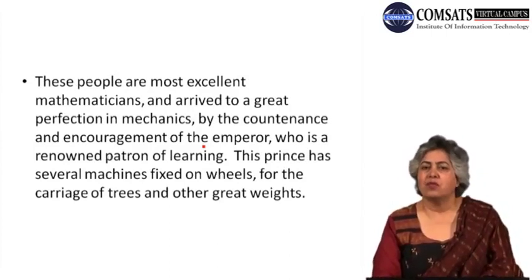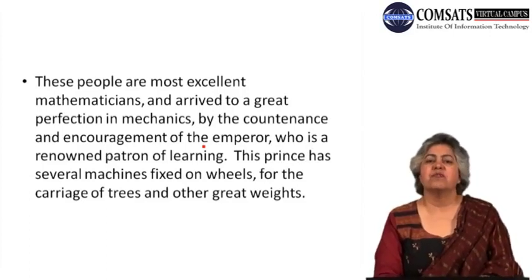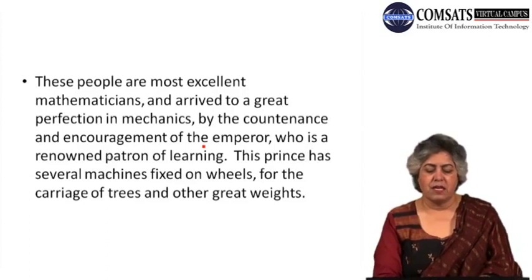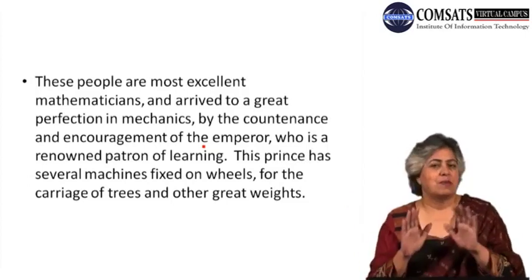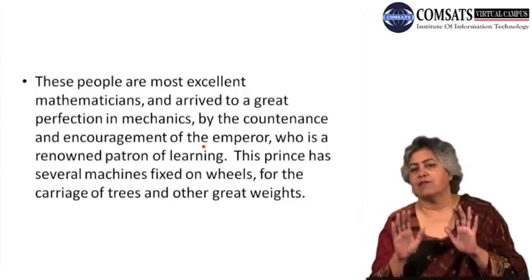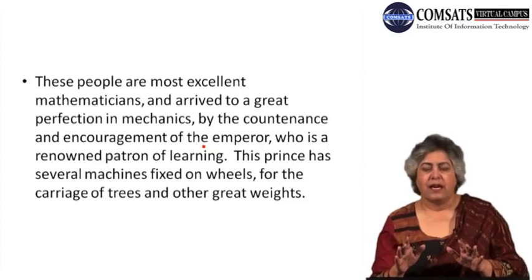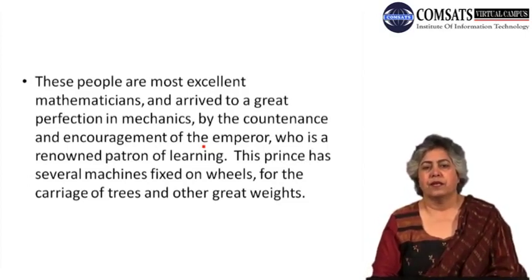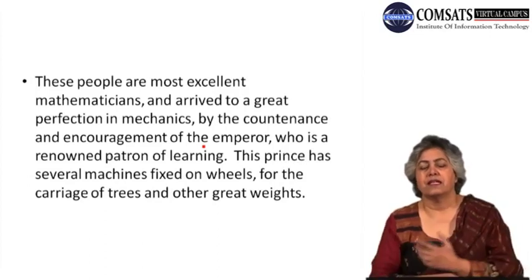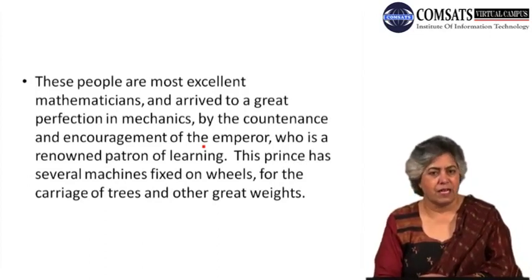He says these people are most excellent mathematicians and arrived at great perfection in mechanics by the countenance and encouragement of the emperor. So he gives the emperor credit, and he says these people are very educated, very intelligent, and therefore they can make things that other people would find very hard to do.